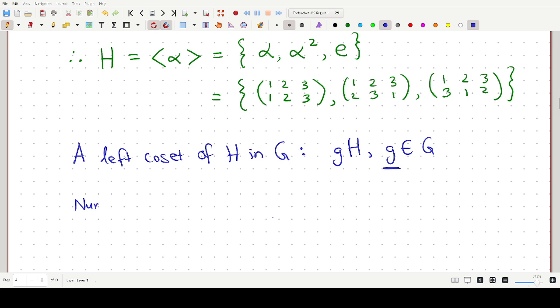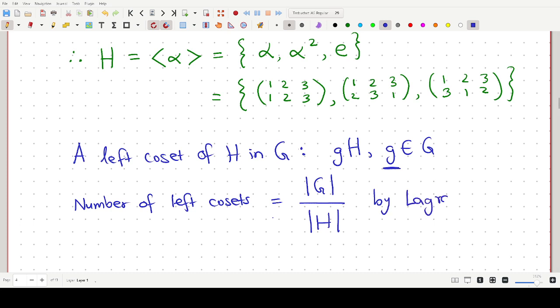Also, the number of left cosets is equal to the number of elements in G divided by the number of elements in H, by something called Lagrange's theorem. And that gives us 6 divided by 3, that is equal to 2. So we are going to have 2 left cosets.